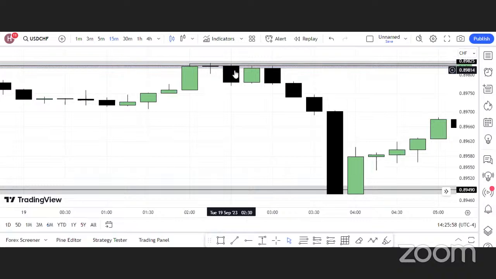If you look at the other candles that followed this one, none was able to go above it. This particular candle here also has a small body, but the longer wick is facing down. It took this out and went above this, but after this was printed, none of the other candles was able to go above it.